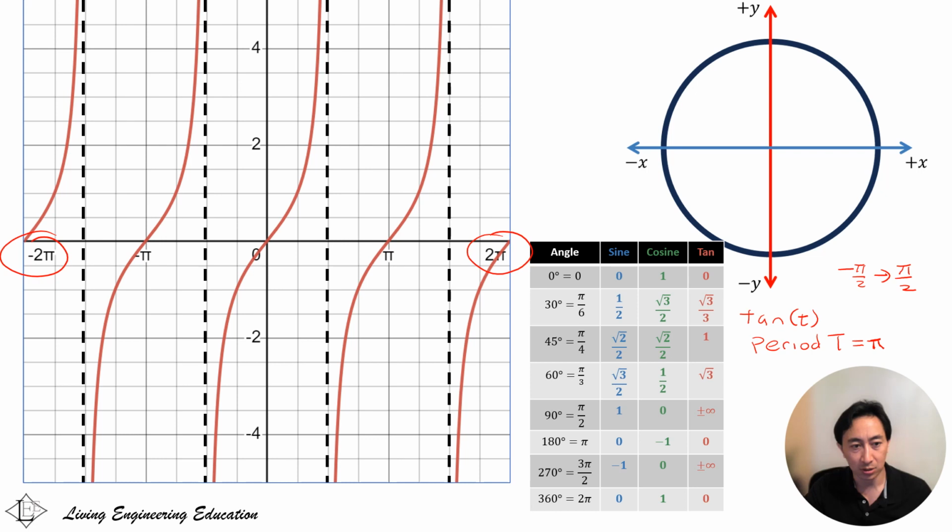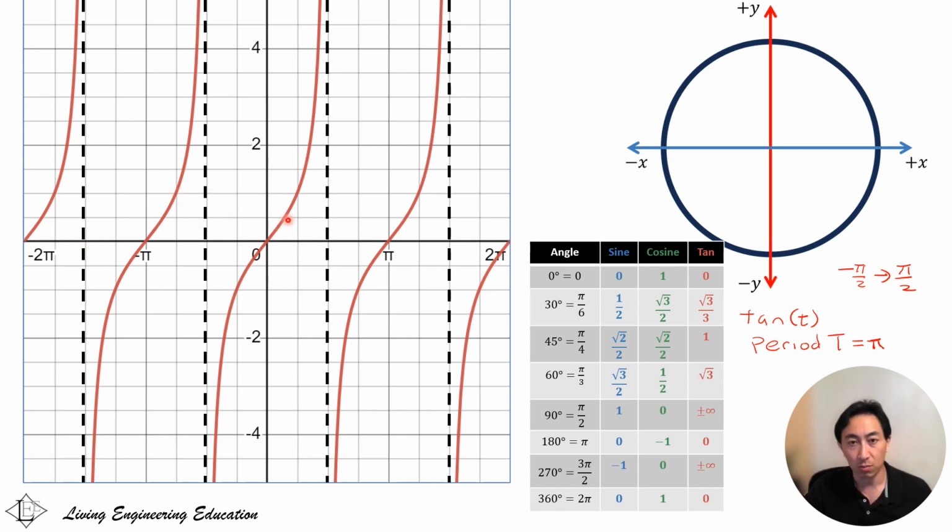Let me erase these lines. Right, so this is a segment where we're looking at negative pi over 2 to pi over 2. That was this one cycle. And then you see it replicating over here, and then here again, right? So as these are your vertical asymptotes, the dashed lines are showing that, right?